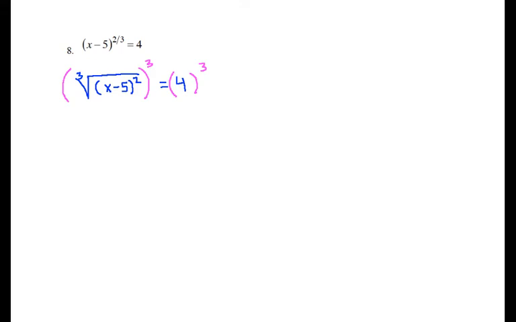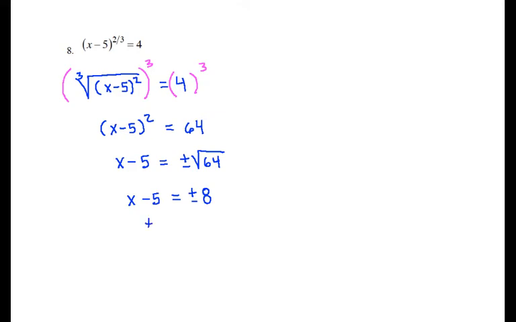What that gives me is just (x minus 5) squared on the left, and 4 cubed is 64 on the right. Now I have an equation that's really well set up for the square root property. I can take the square root of both sides, considering, of course, the plus and minus square roots as I do that. So that this becomes x minus 5 equals plus or minus 8.